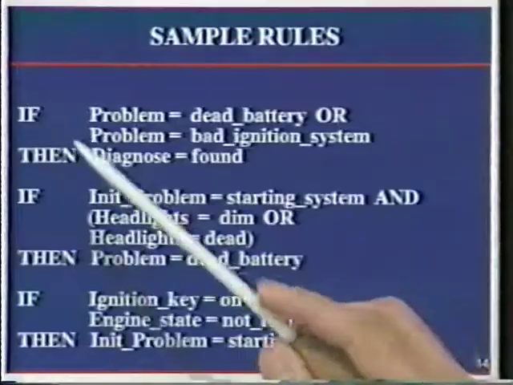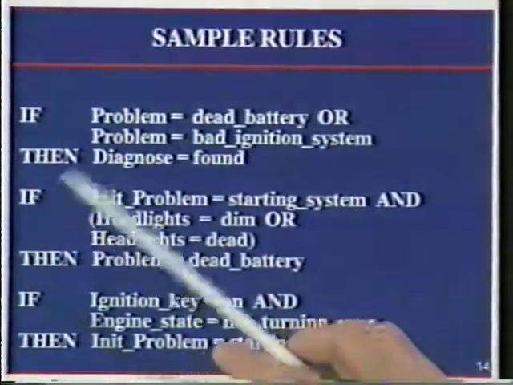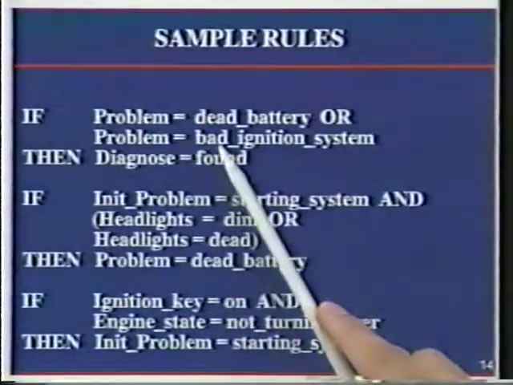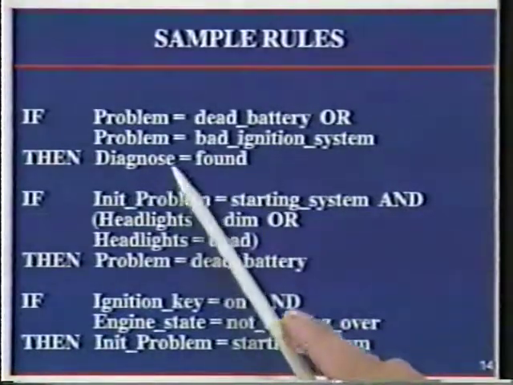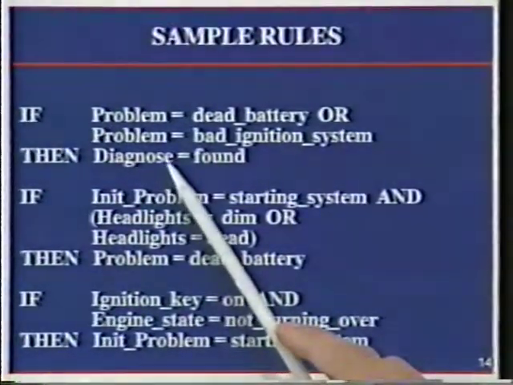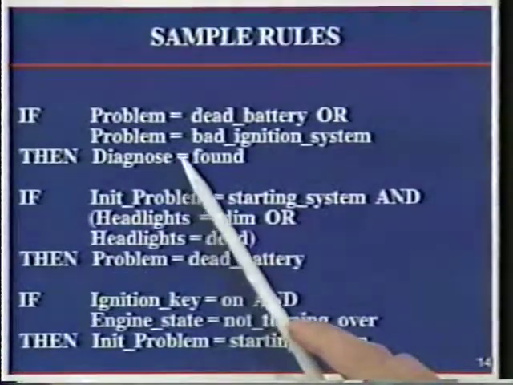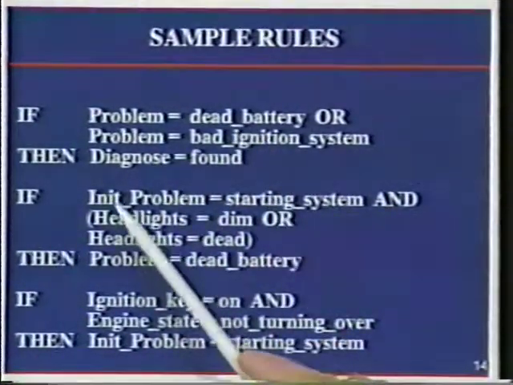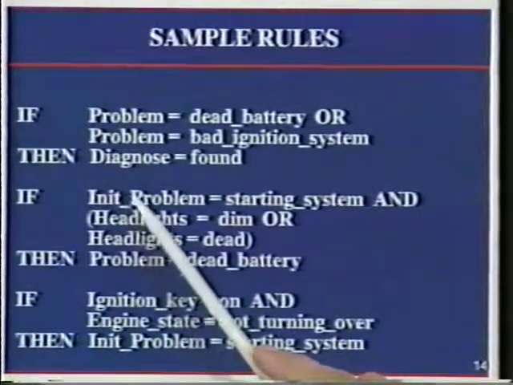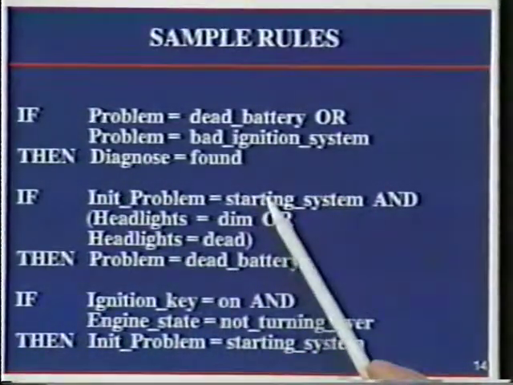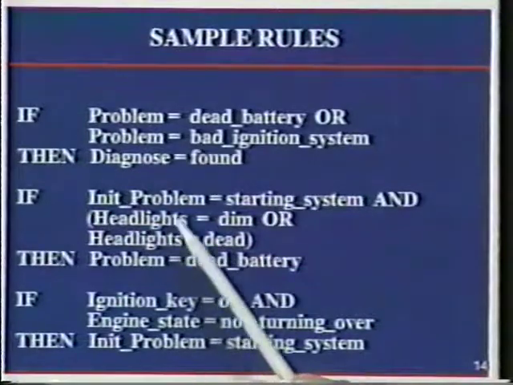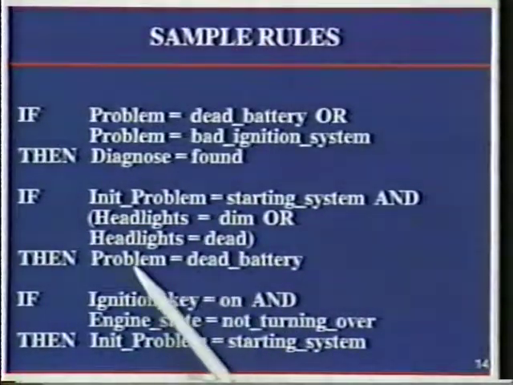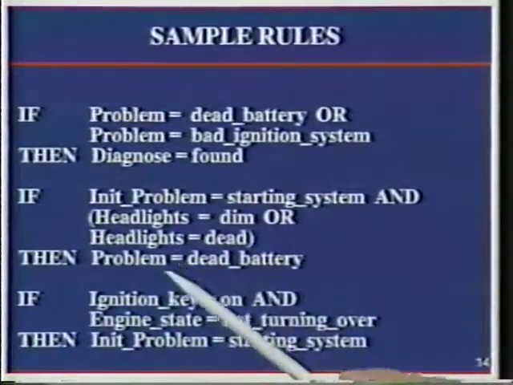Here are some rules for diagnosing Mary's car. The first rule says if problem equals dead battery or problem equals bad ignition system, then you have found the particular problem with that car. How do you find whether the problem is dead battery? We can write another rule which says if the init problem, that's the initial problem, is starting system and headlights are dim or dead, then the problem equals dead battery.